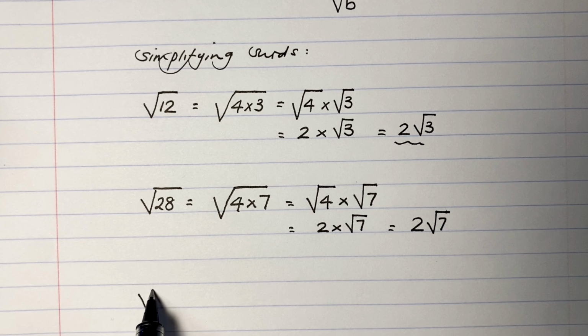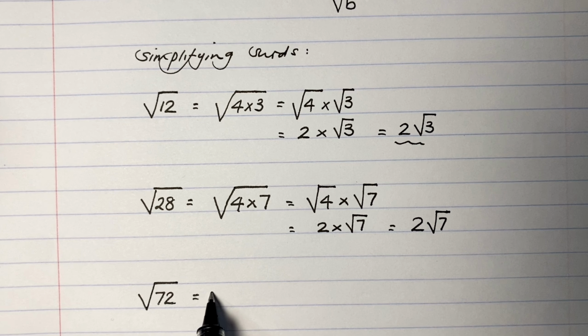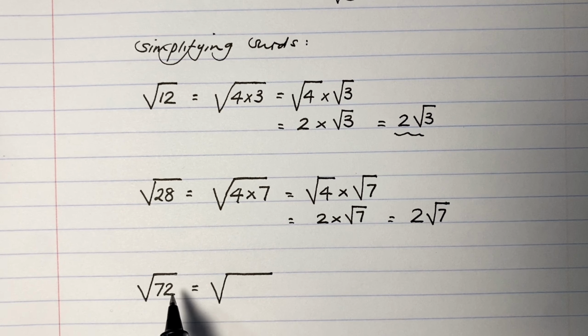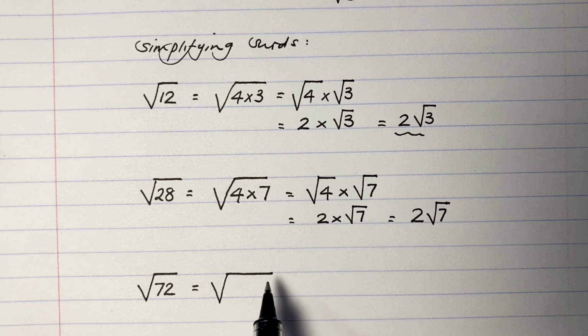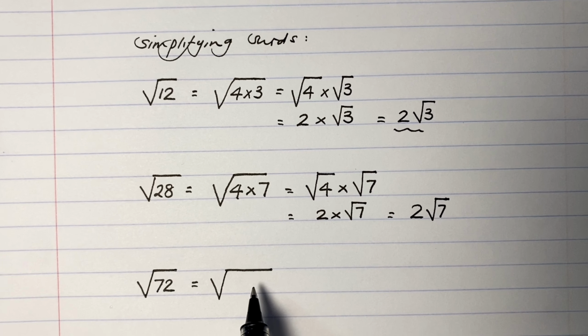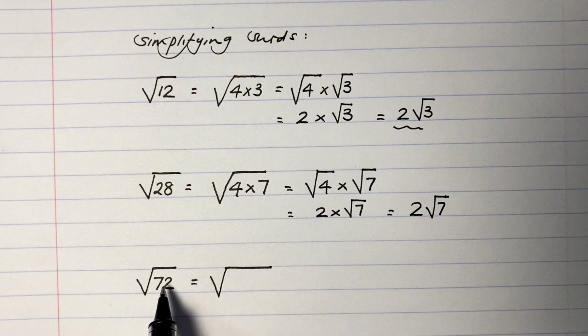Another example, root of 72. If you choose the biggest square number going into 72, getting to the final answer would be much quicker. Some people think 4 goes in it. Yes, 4 goes into 72. Some choose 9.